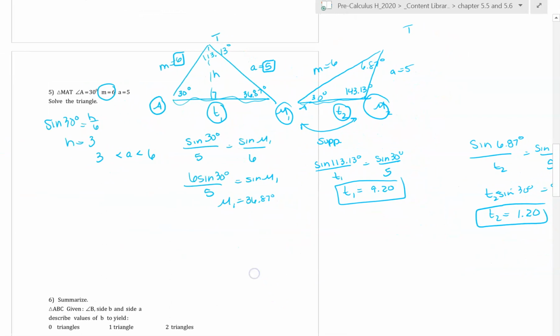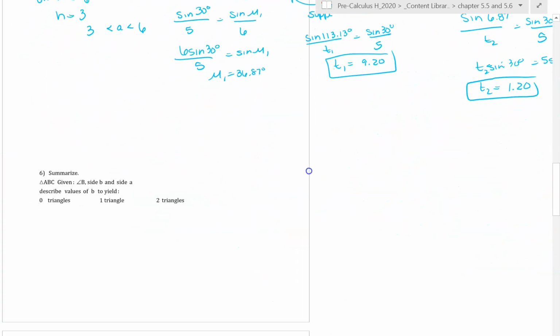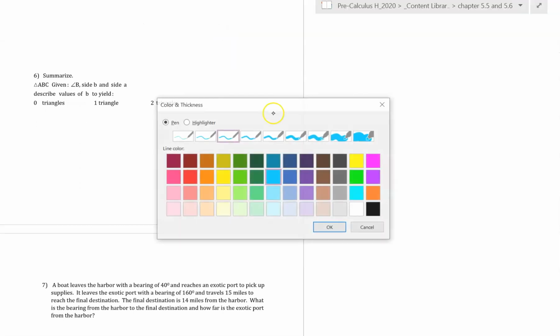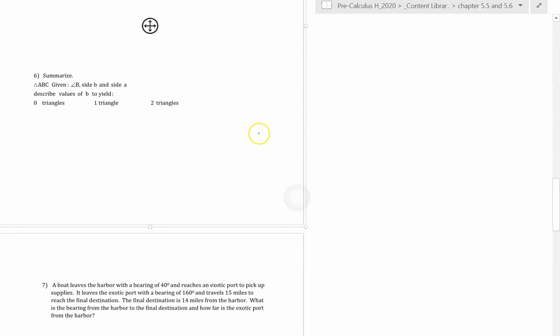Okay, great job, everybody. Let's summarize. So now we're going to use letters to summarize. If I draw a triangle, and I will call this angle B because that's given, and remember we're always going to do ASS, ASS, ASS, right? So start here.